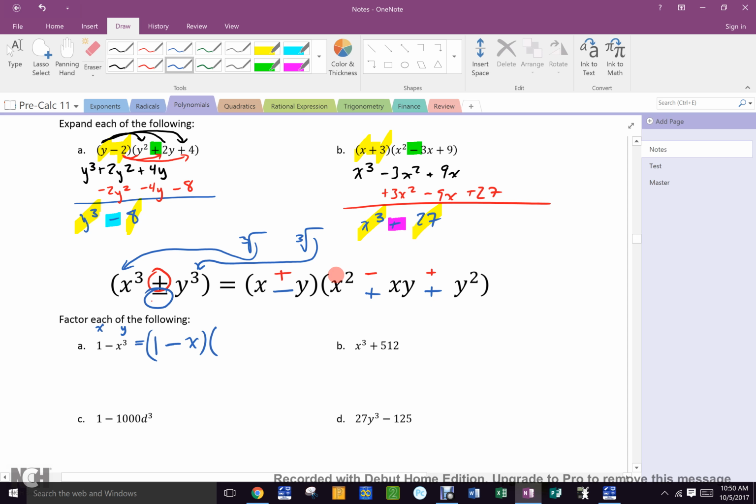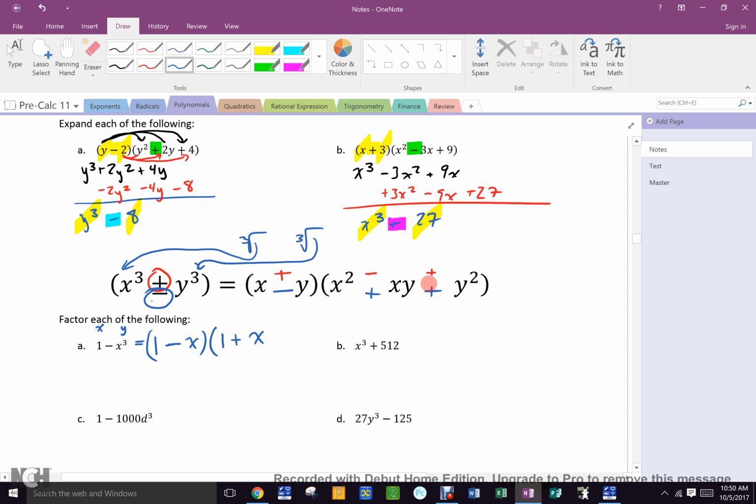Now this one is our first term squared. Well, what's 1 squared? 1. Plus the first term times the second term. What's the first term? 1. What's the second term? So how do I write that? Do I write 1x? No, I just write x.